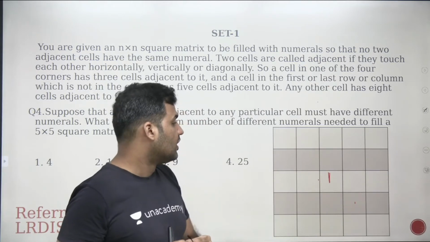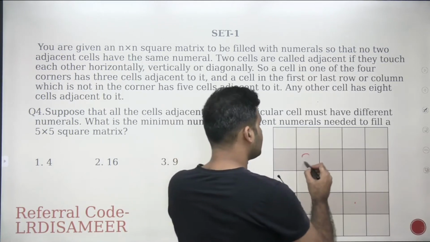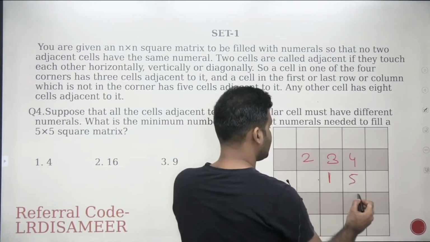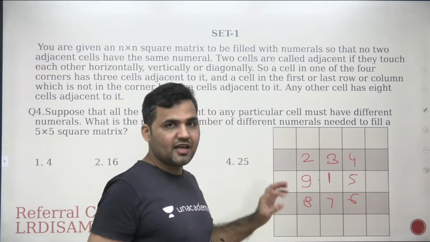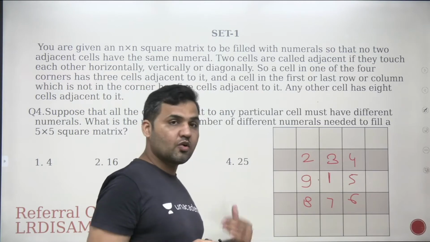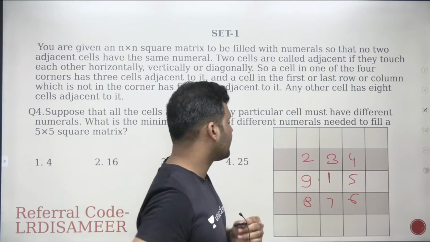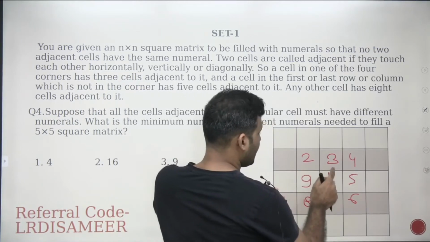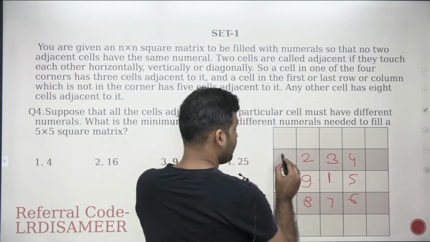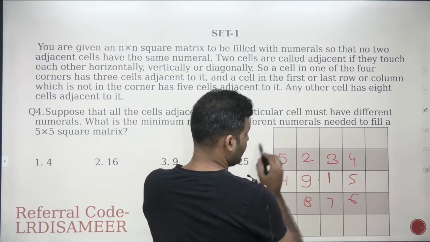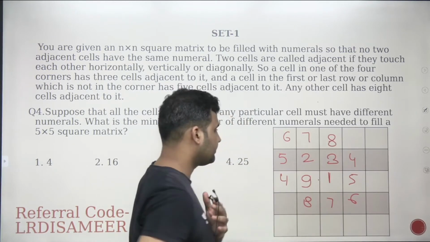So we have used 1, and for 8 cells we are using 8 different digits. Let's use 2, 3, 4, 5, 6, 7, 8 and 9. OK, 9 is definitely the minimum number of digits we need. Do we need to use more? Let's check. Now look at the number 2 here. We have used 1 here, 3 here and 9 here, so I can use 4 here, 5 here, 6 here, 7 here and 8 here.